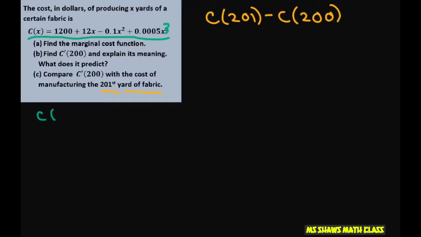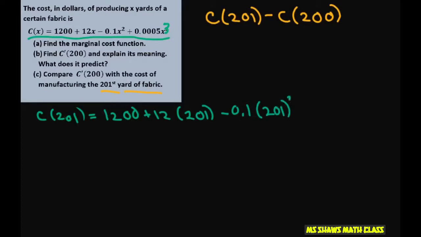C of 201 equals 1200 plus 12 times 201 minus 0.1 times 201 squared plus 0.0005 times 201 cubed.